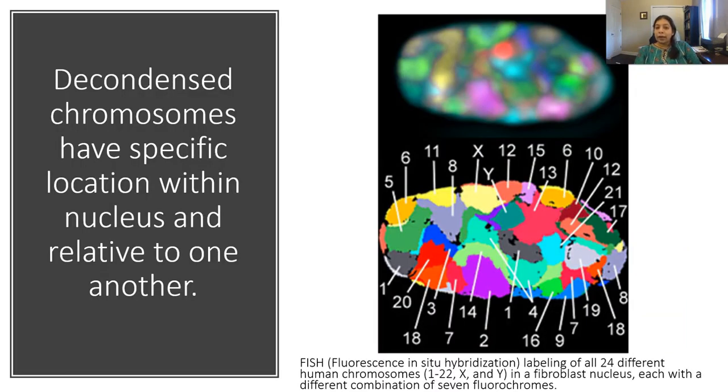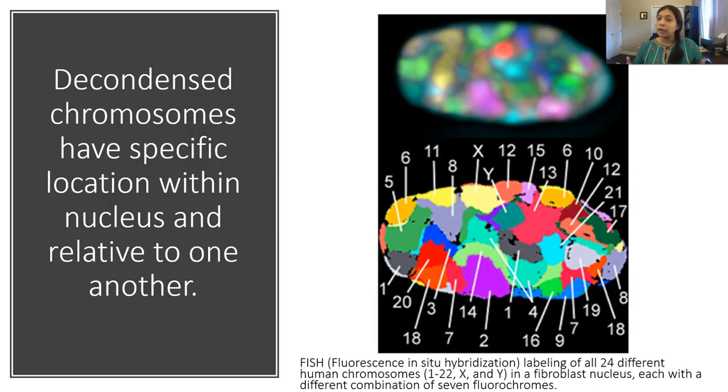When you are looking at the chromosomes inside the nucleus, you will see these are just decondensed chromosomes. These are not fully compacted chromosomes. This is how they would be in a typical setting inside the nucleus. It's not just that these chromosomes are haphazardly thrown inside that nucleus. They actually have specific locations that they can be localized to.